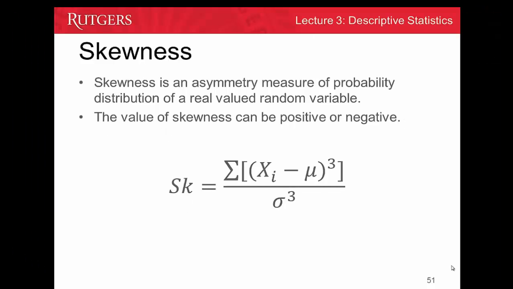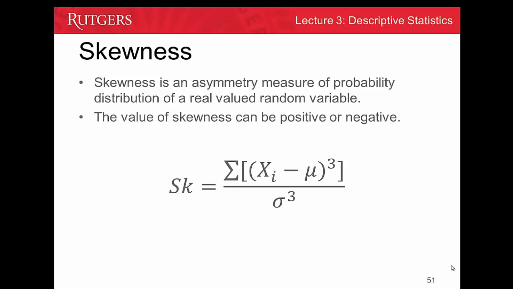Another descriptive statistic for the quantitative data is the skewness. Skewness is a measurement of symmetry. The value of skewness can be positive or negative.